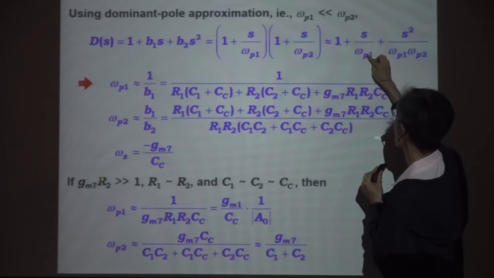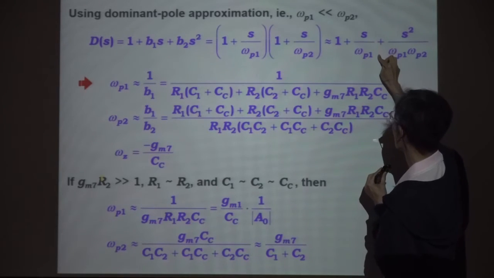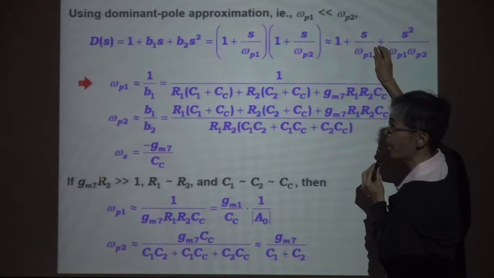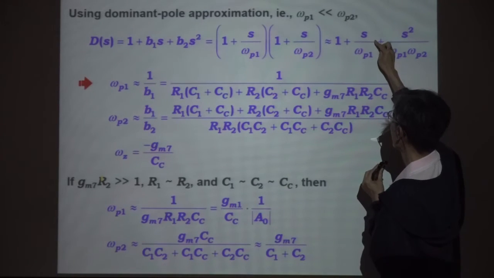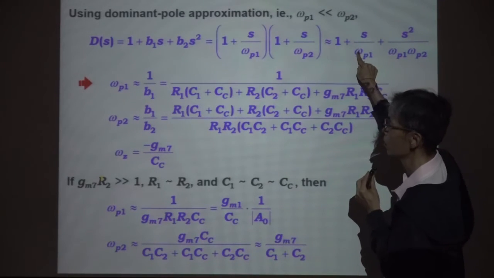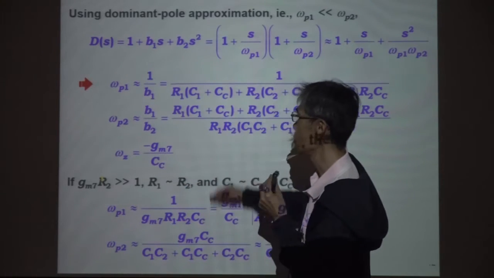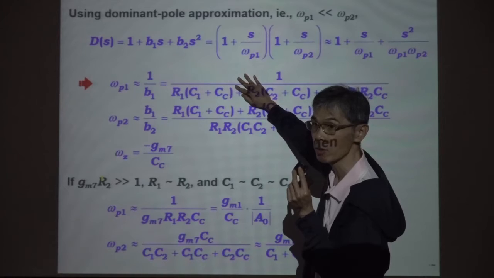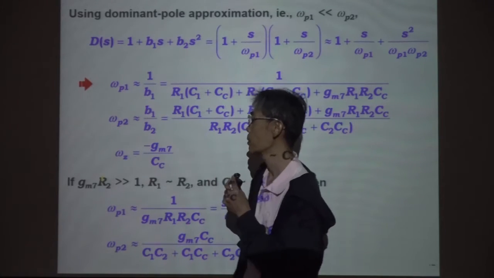So we have S plus omega P1, plus S divided by omega P2. Because omega P2 is very large, we can ignore S divided by omega P2. So we are left with this one. So omega P1 will be 1 over B1. We can use this method to get the approximate value of the dominant pole.